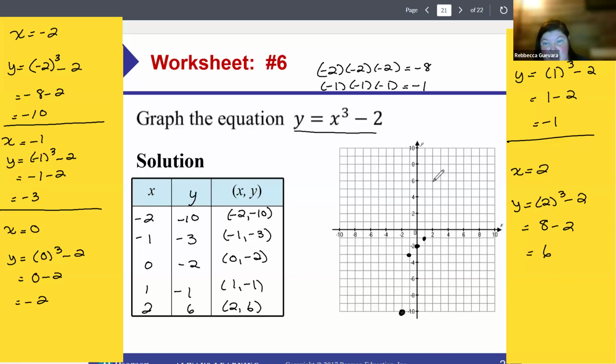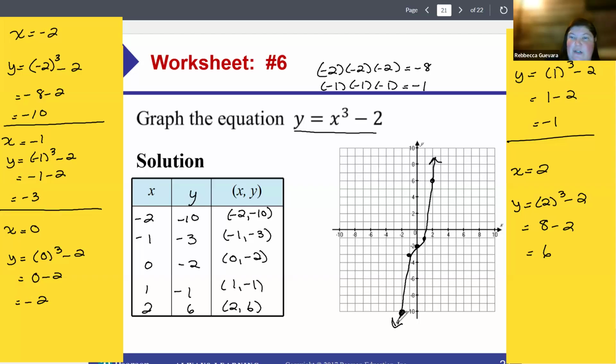And 2, 6. Careful. Remember, always put arrows at the ends of your line because this line does keep on going forever and ever and ever.